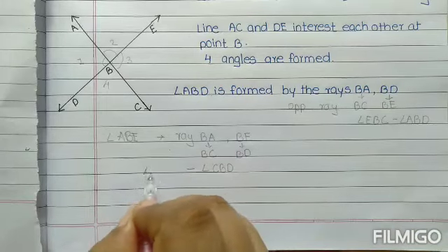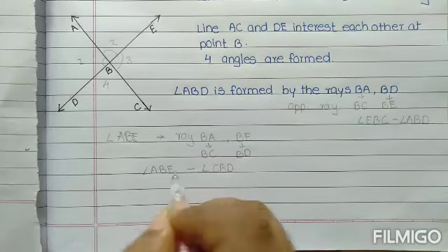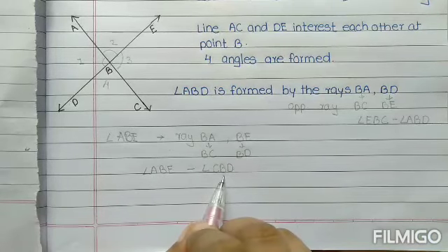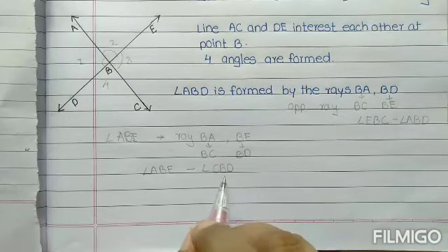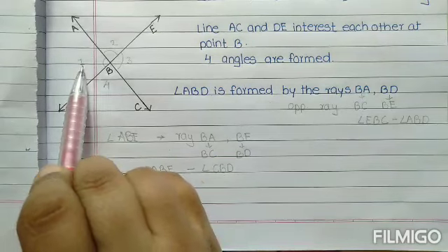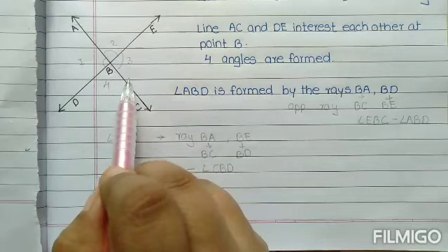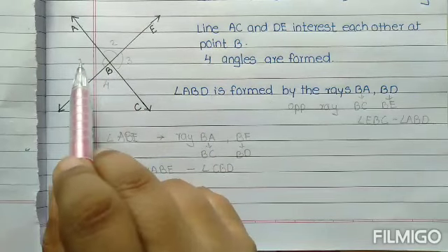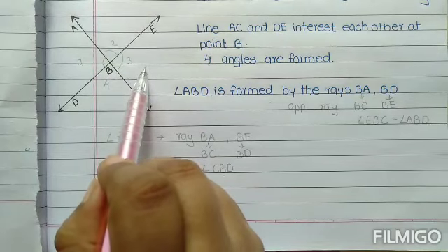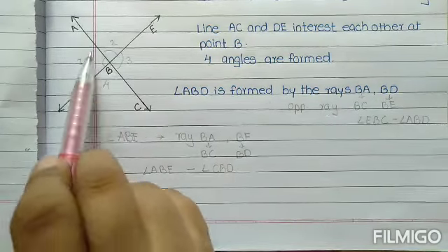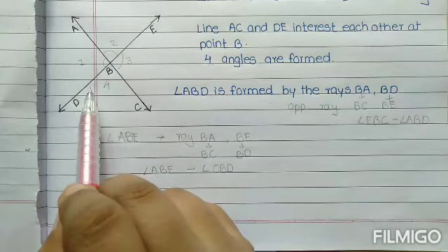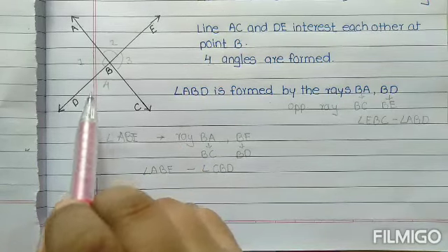So angle ABE and angle CBD are opposite angles. Clear everyone? The angle formed by the opposite rays are called opposite angles.